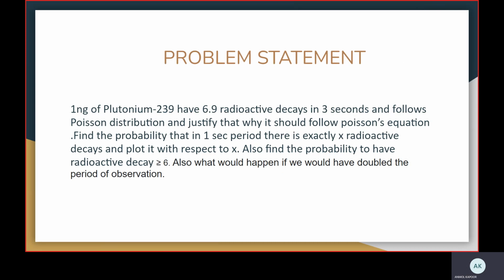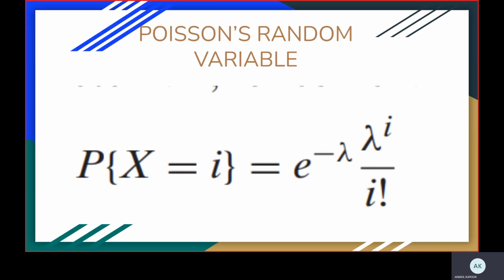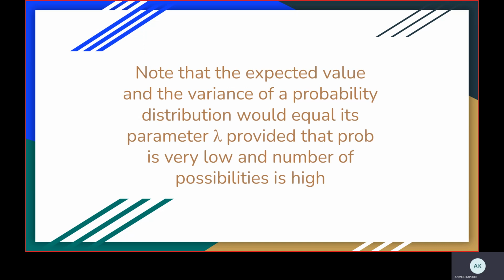We are asked to calculate the probability that in a 1 second period there are exactly x radioactive decays. Now use it in this equation, and for using it we are going to first put small x in place of i, and after that we're going to need this lambda. Lambda, as I said on this slide, can be taken as the expected value or the variance.